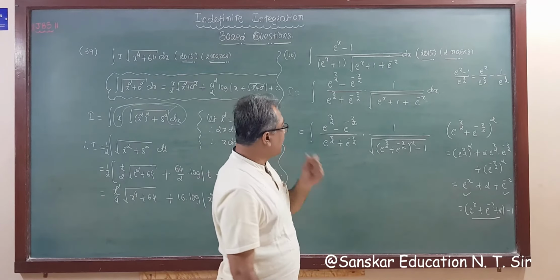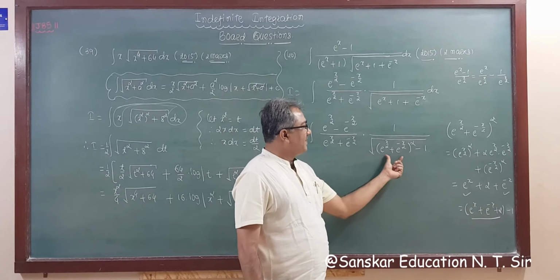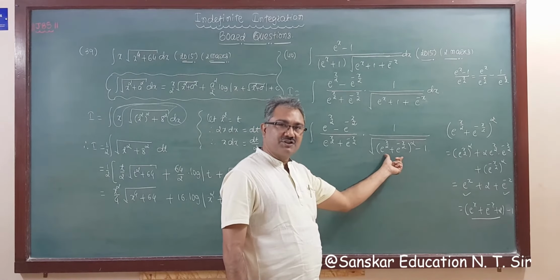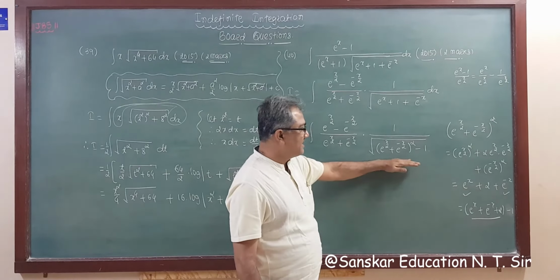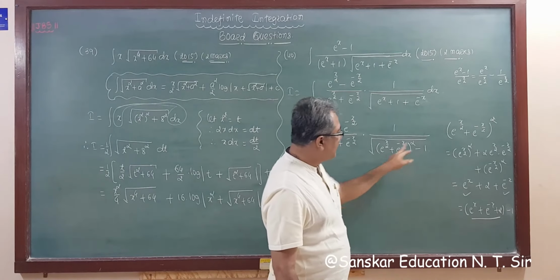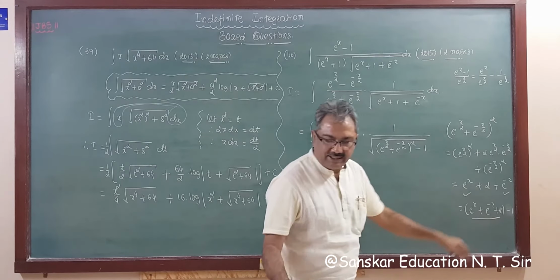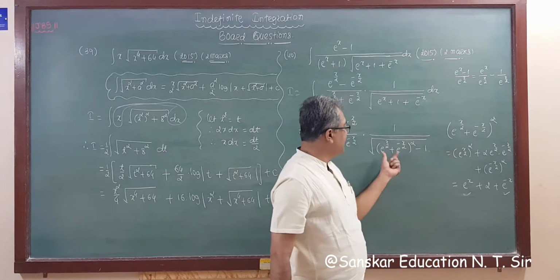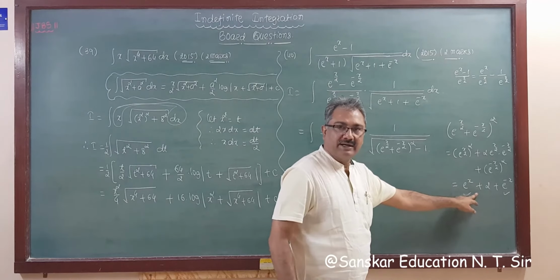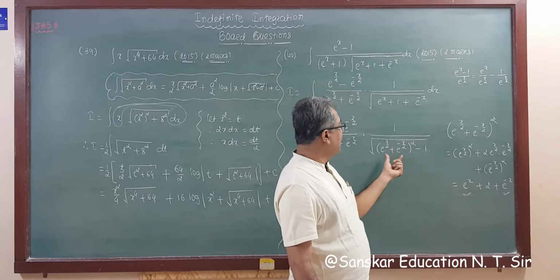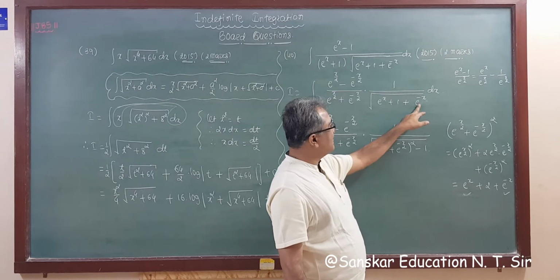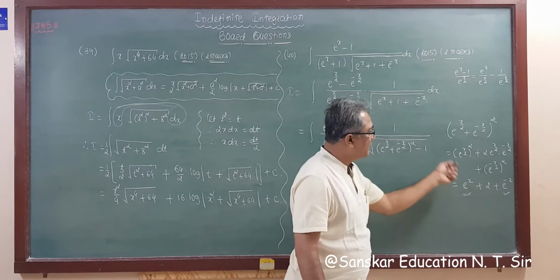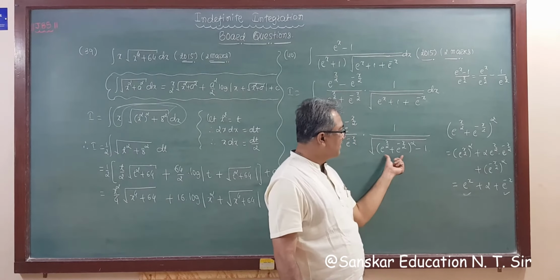Now see, we take this as t, because this is in square root. The expansion of this is this, but we need here e raised to x plus e raised to minus x plus 1, but this is 1. So I am writing here 1 minus 2 minus 1, that is 1.